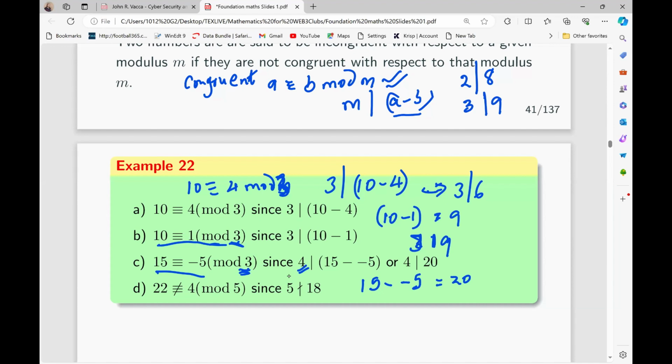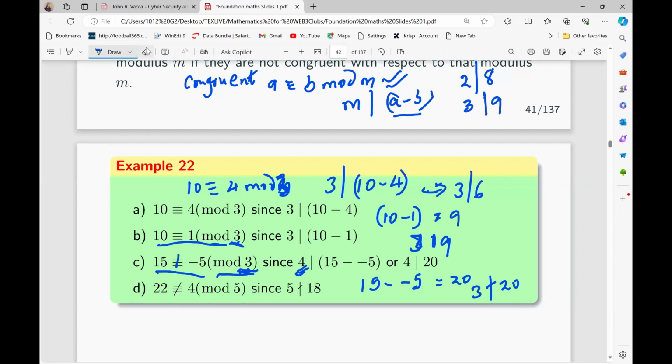So let me just do it using 3. 3 cannot divide 20. Therefore, I should have written that 15 is not congruent to negative 5, mod 3. I forgot because in my mind I thought I had written 4, but I had written 3. So it's supposed to be not congruent.